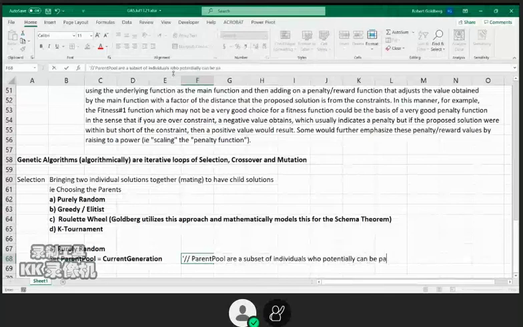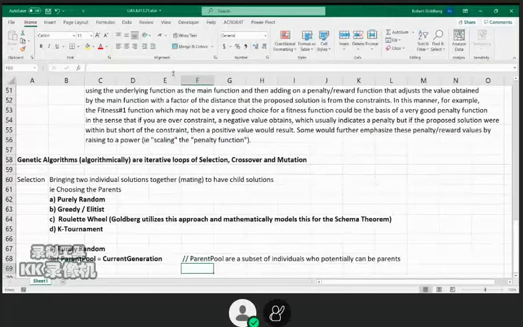Now, in the case of random, everybody can. So this is a little bit redundant. I'm setting it up for the others, just to be consistent. So here, parent pool equals current generation, and current generation is everybody currently.